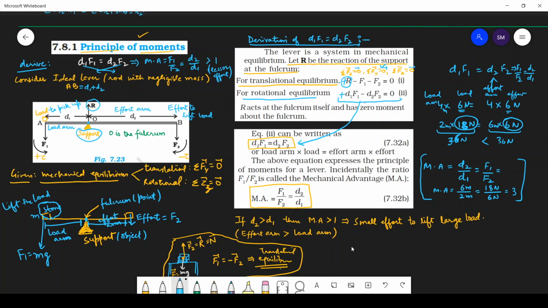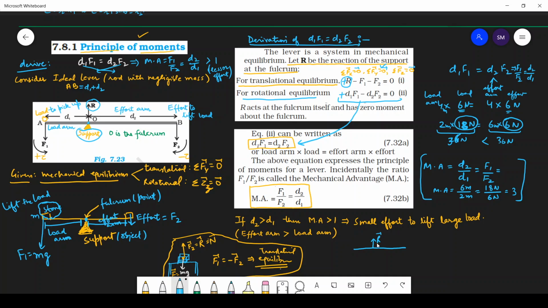Yes, sir. See, this is my rod. Write all the forces which are there in the figure, upward, downward, right, left, any direction. Make a free body diagram.